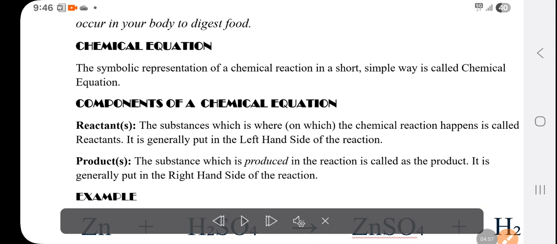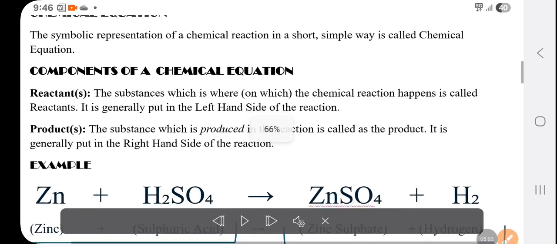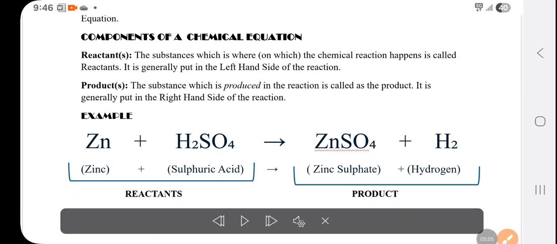one molecule of zinc and one molecule of sulfuric acid mix, then it will form one molecule of zinc sulfate and one molecule of hydrogen gas. But if I say this, it will be very long and difficult to be understood by people of other languages.